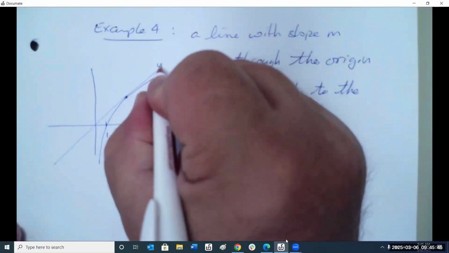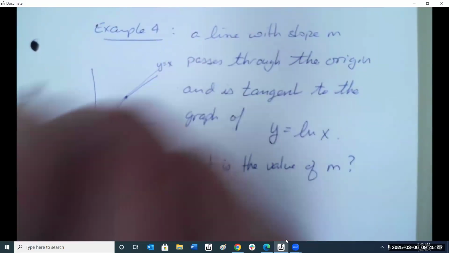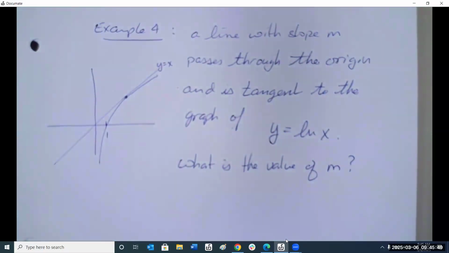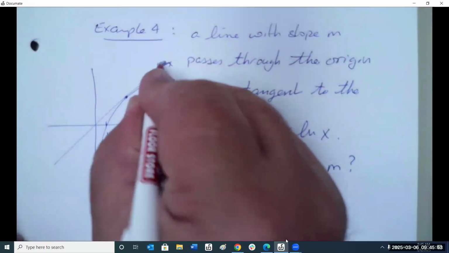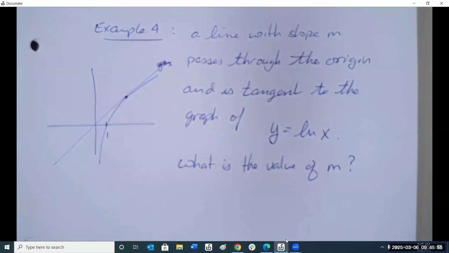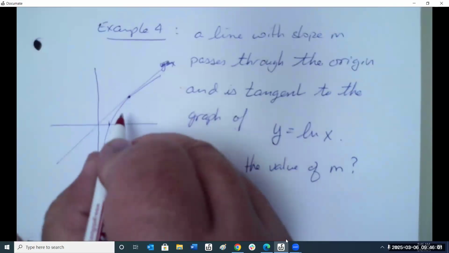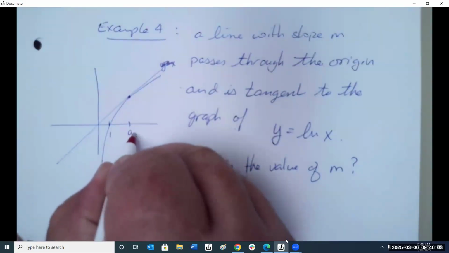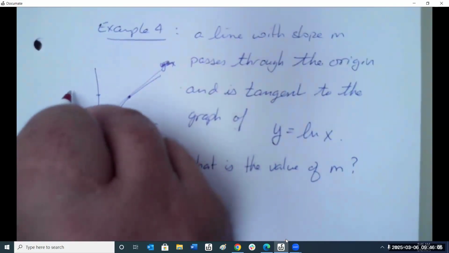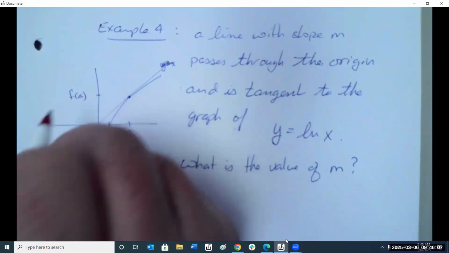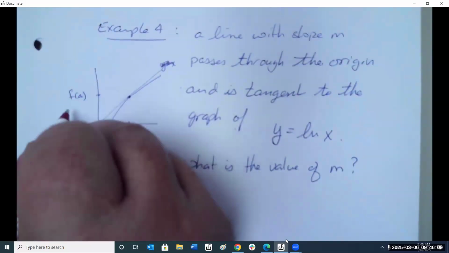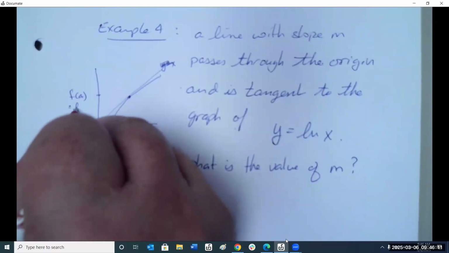We don't know the equation of the line just yet. We know that this point here is A. We know this is f of A, which is ln of A.